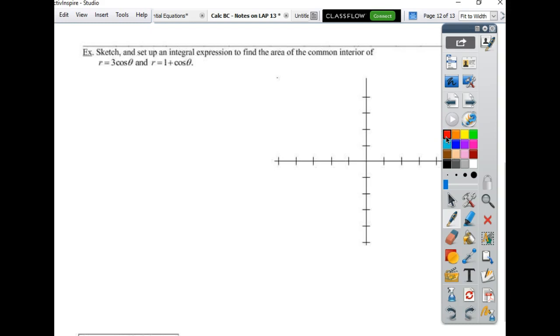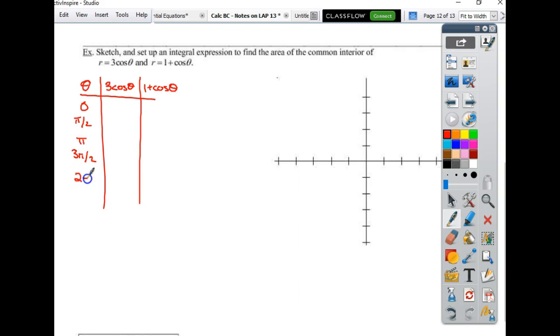Do we know what 3 cosine of theta looks like? Circle on the x-axis. If you're not sure about that, we could totally do this as a theta table. We can call this 3 cosine of theta, and we can call this 1 plus the cosine of theta if you don't believe me. 0, pi/2, pi, 3pi/2, 2pi. The cosine of 0 is 1, so this is 3.